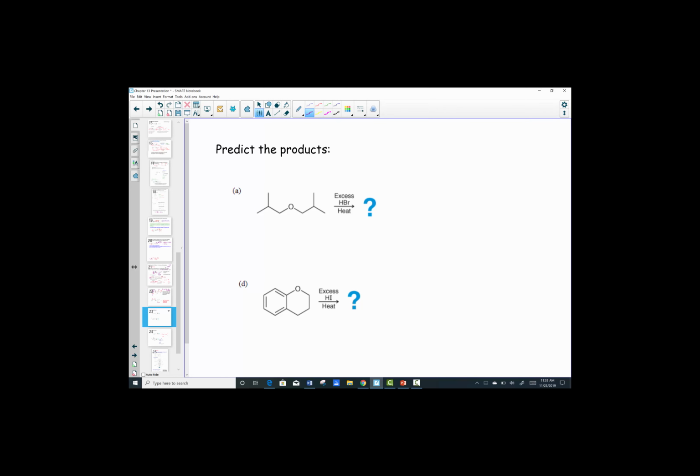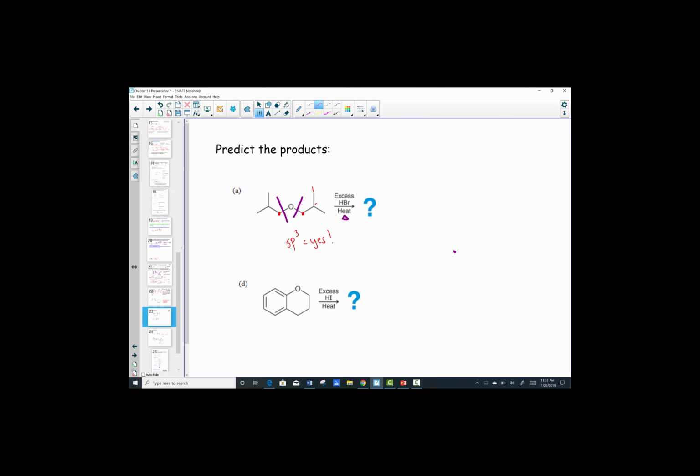And let's just quickly practice. I see on the arrow excess hydrobromic acid in the presence of heat. The ether linkage is going to be cleaved if the carbons leading in are sp3. And I just want to check, and yes, both are. So that means the reaction will proceed at both sites.